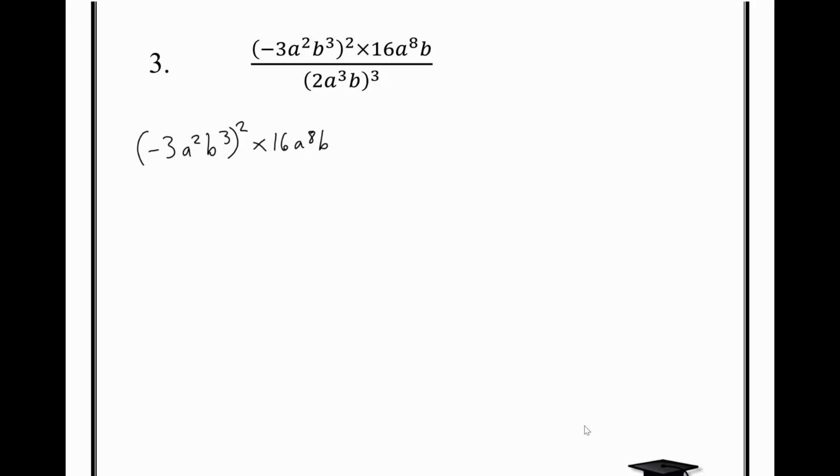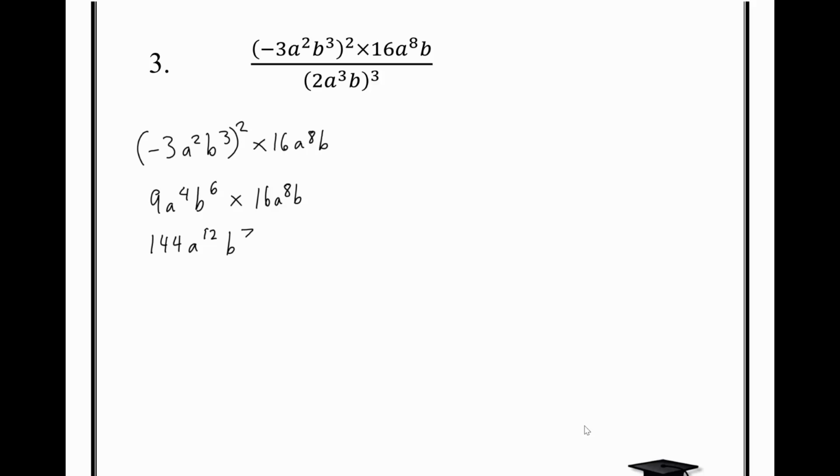We want to expand the bracket first. This will give us 9a to the power of 4 and b to the power of 6 times 16a to the power of 8 times b. If we simplify further, we'll get 144a to the power of 12 and b to the power of 7.